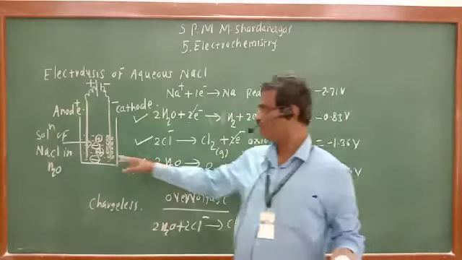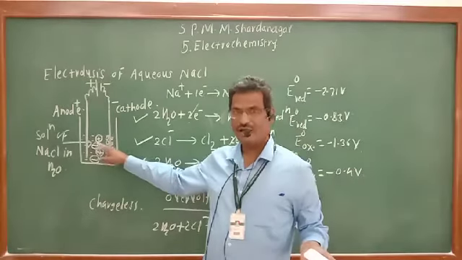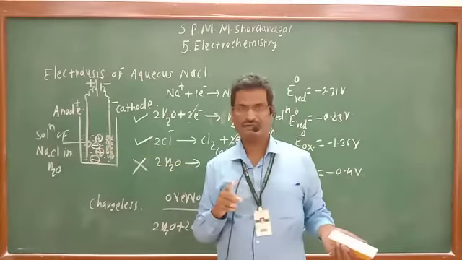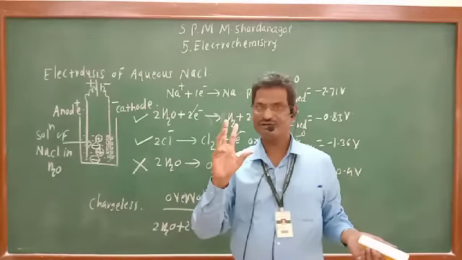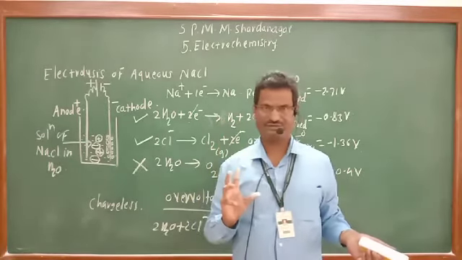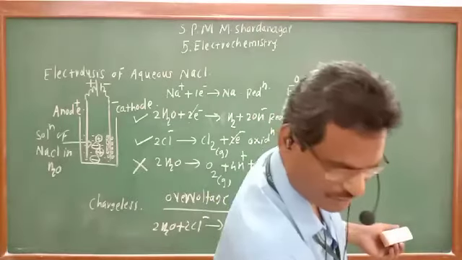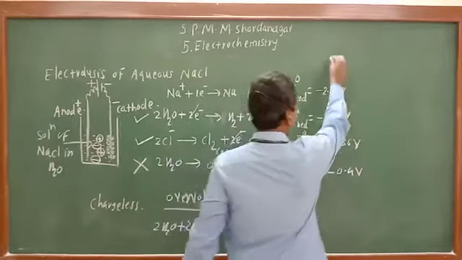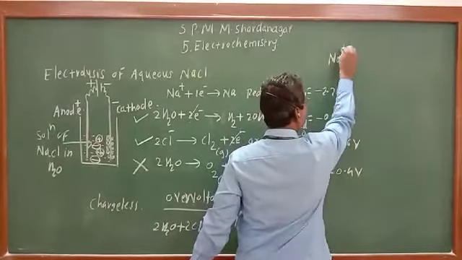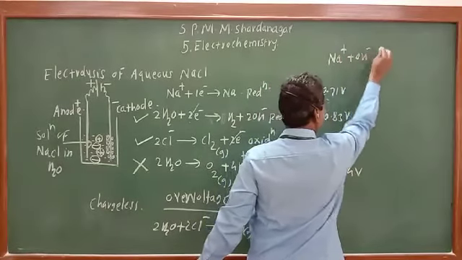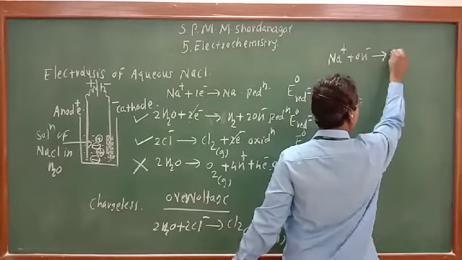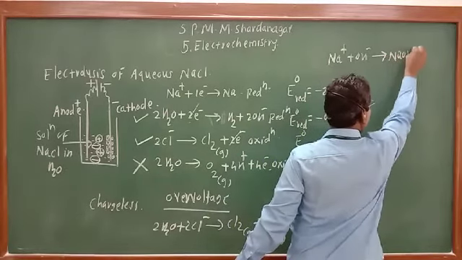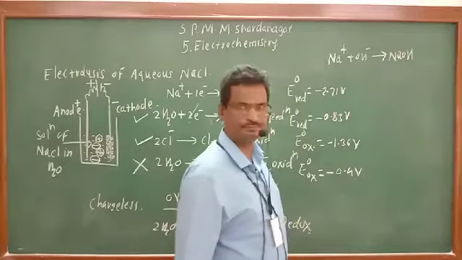Those OH⁻ ions and Na⁺ ions combine together and form NaOH. They will combine together and form NaOH.